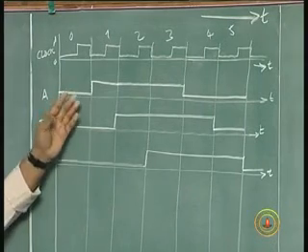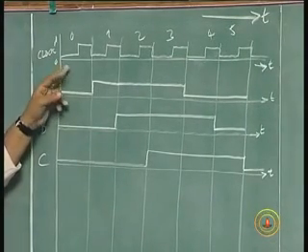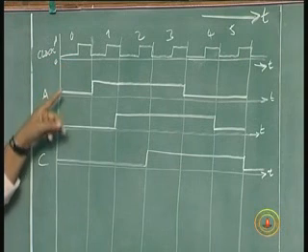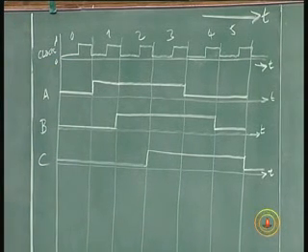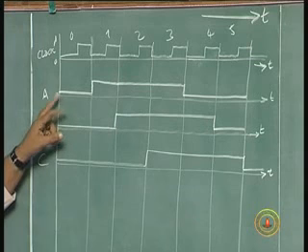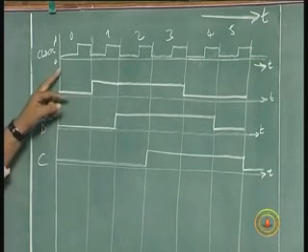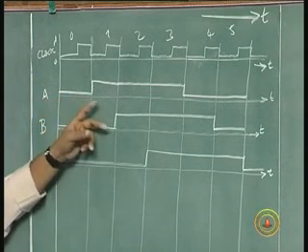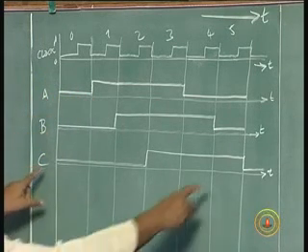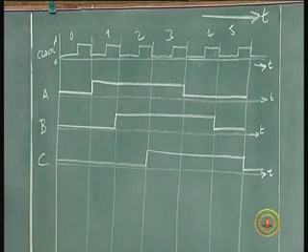So I am dividing this clock by what factor? What is the frequency of this compared to this? The time period of this is 3 times less. No, 6 times less. This period is equal to 6 periods of this clock.